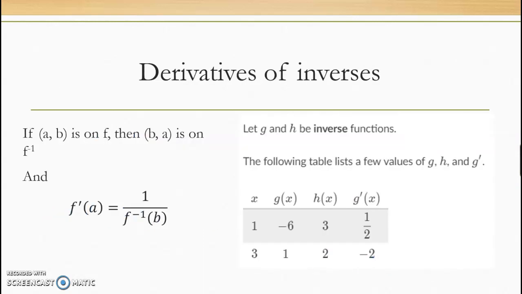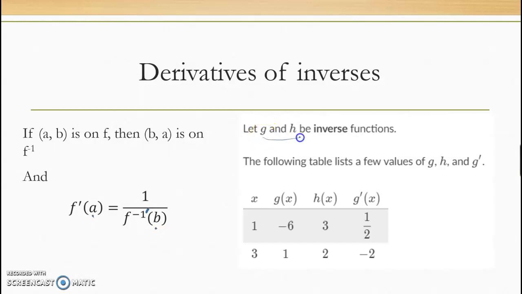The derivatives of inverses, I really highly doubt this will be on your test, but this is the one that says that if you've got an x, y on a function, then y comma x is on the inverse, and the two slopes are reciprocals of each other at that point. Notice these are not the same x coordinates, they're corresponding x coordinates.